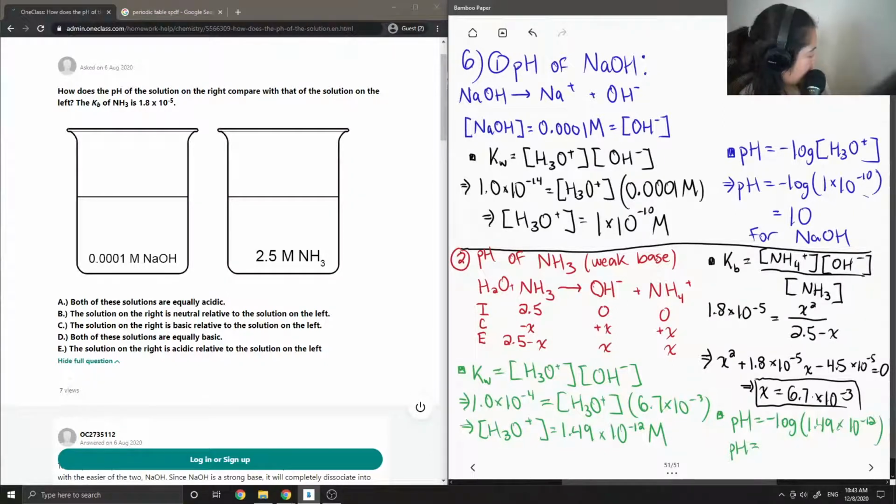And we get a final pH of 11.83. And this is for NH3.